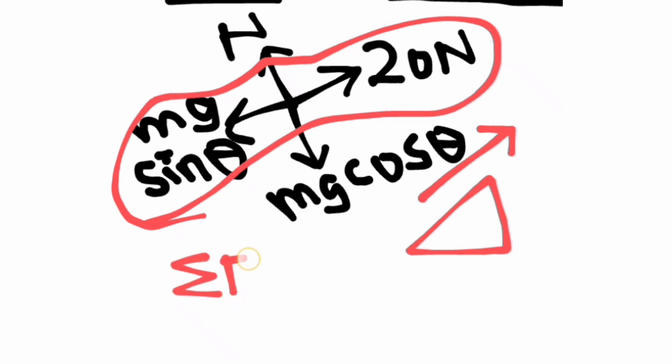So summation of the forces in x direction is equal to m times a. Summation of the forces in y direction is 0. The acceleration is 0, right? The box moves along the x direction, along the inclined plane.